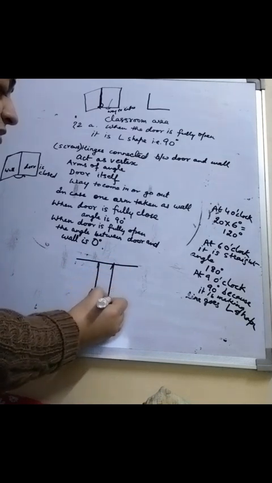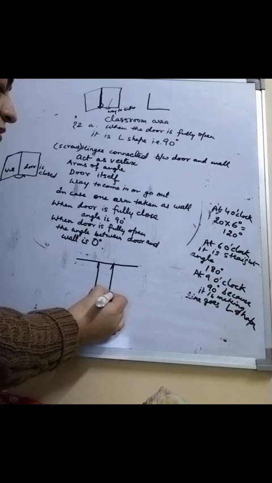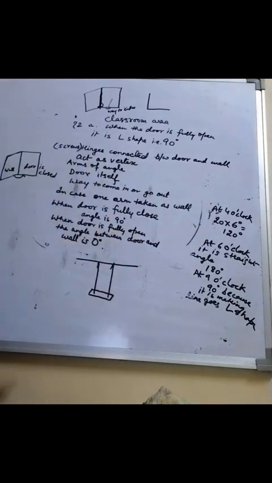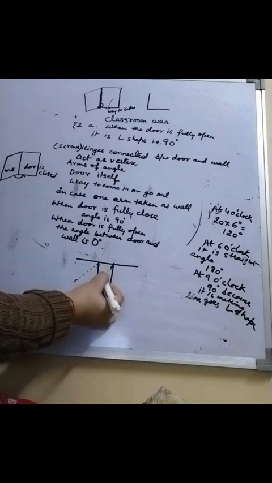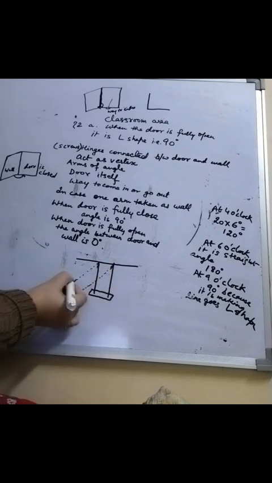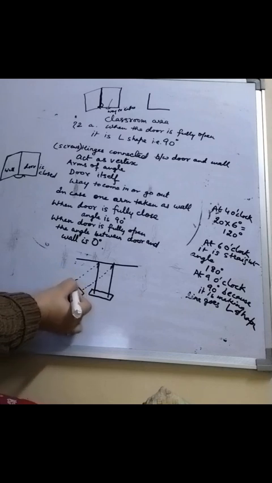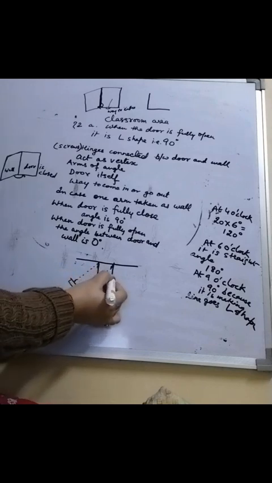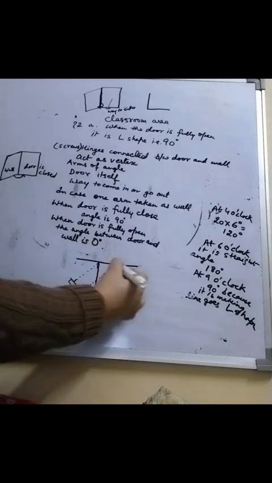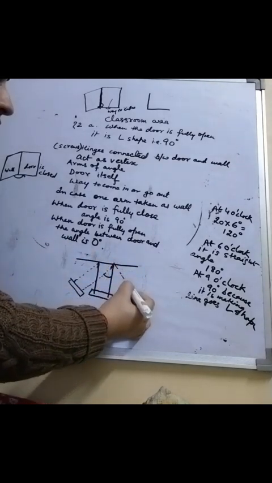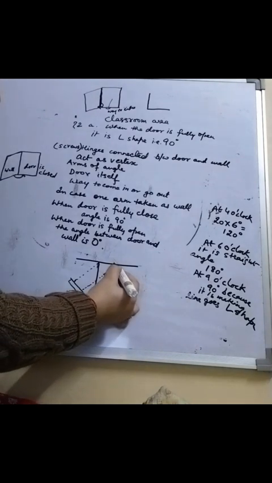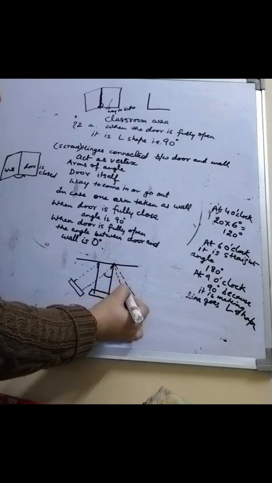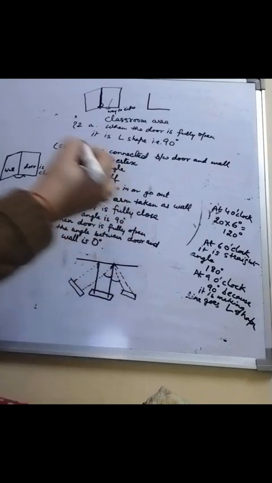This is the swing. It is straight at this moment. If the swing comes forward, there is an angle formed between the original position. If the swing goes backward, then also it makes the angle.